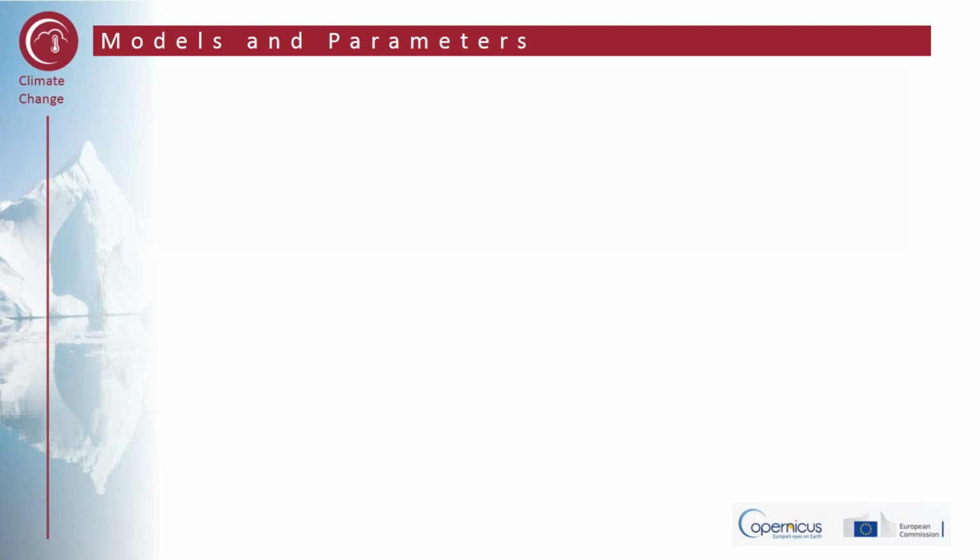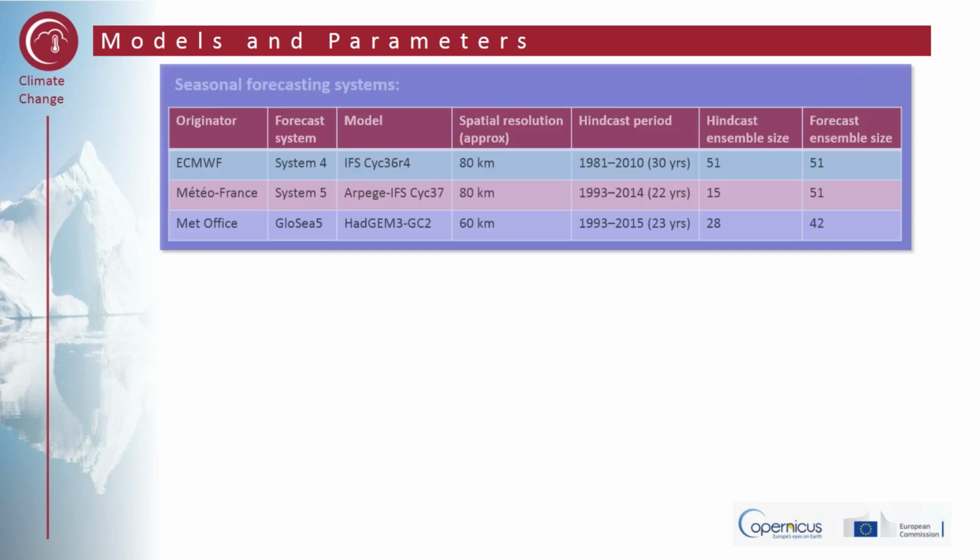So for ECEM, the way we're assessing the system is we're looking over a range of different models and parameters. For example, we're looking at the three latest seasonal forecasting systems from ECMWF, Meteo France, and the UK Met Office, which are summarised in this table. You can see they've all got a fairly similar spatial resolution.